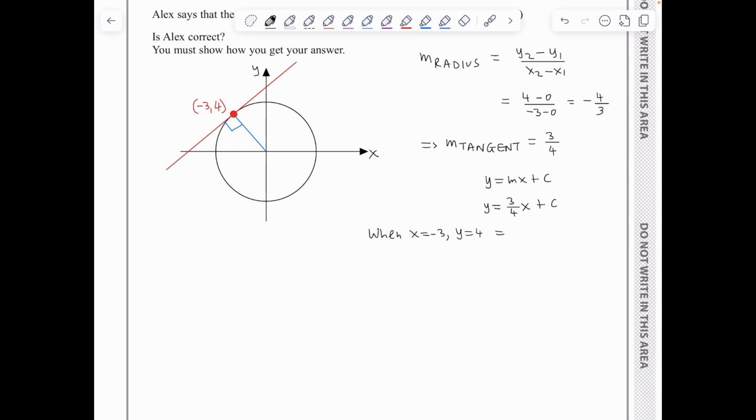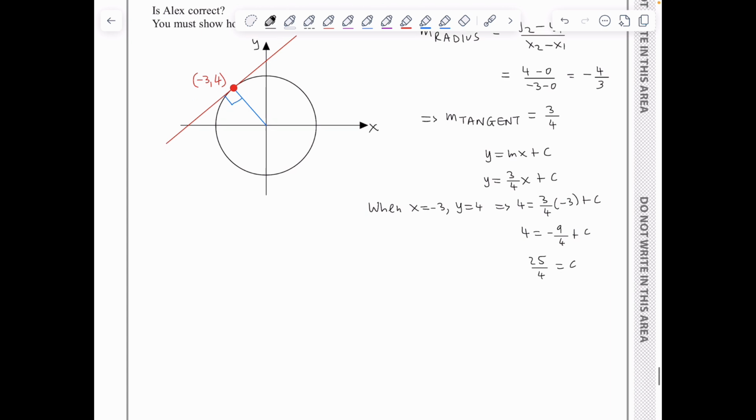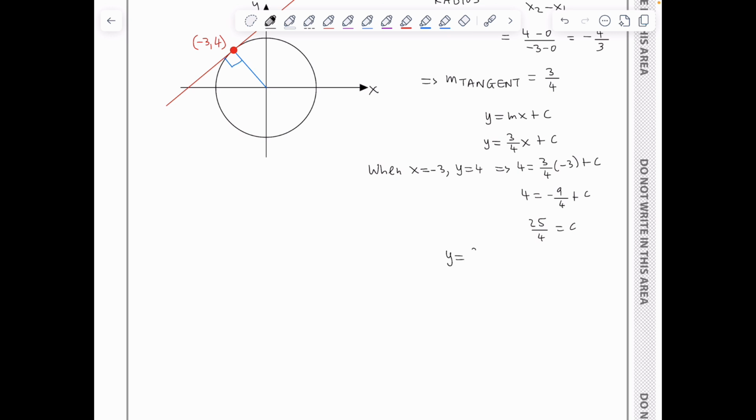This means 4 = (3/4)(-3) + c, which means 4 = -9/4 + c, and therefore c turns out to be 25/4. So the equation of the tangent is y = (3/4)x + 25/4.